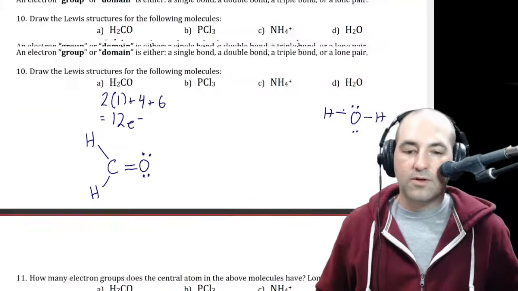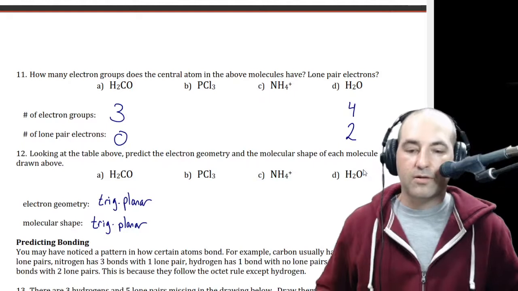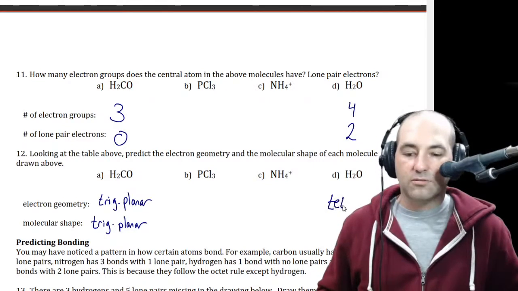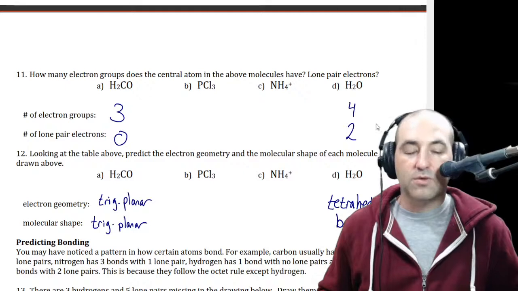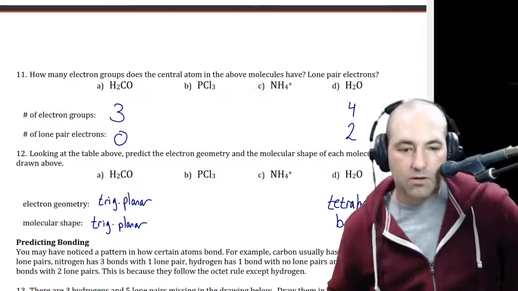For water, the way we've drawn it here, we've got 4 electron groups, but 2 lone pairs. So our electron geometry then is called tetrahedral, and our molecular shape is called bent, which we get from that table.